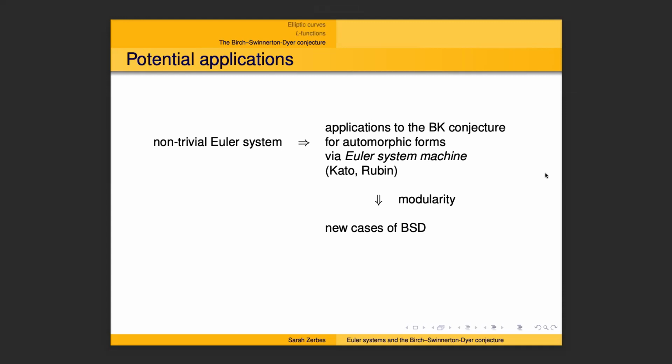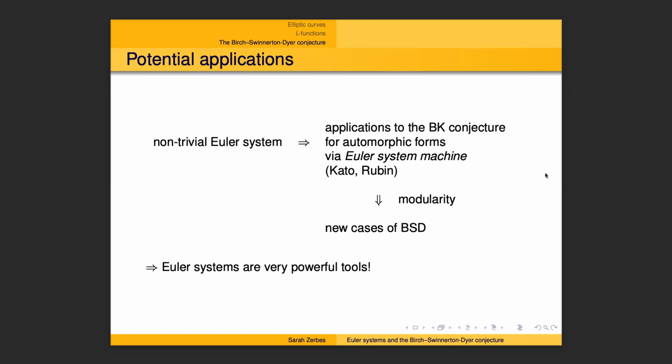Okay, so that's called the Euler system machine. And then using modularity, we can translate it into applications to the Birch-Swinnerton-Dyer conjecture. So in other words, Euler systems are extremely powerful tools for attacking the BSD conjecture, or more generally, the Bloch-Kato conjecture. Just a pity that they're very hard to construct.